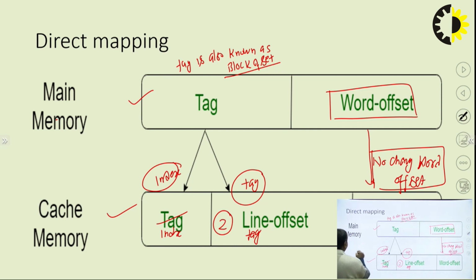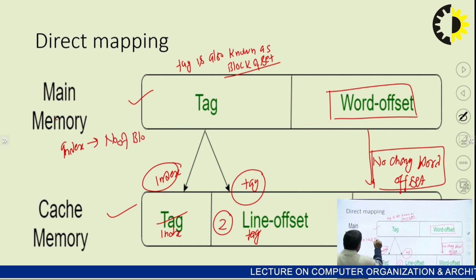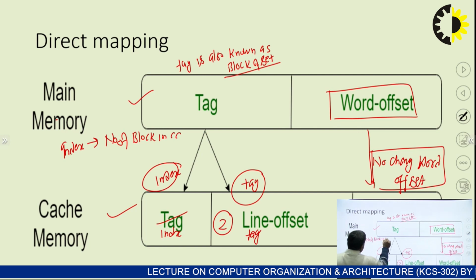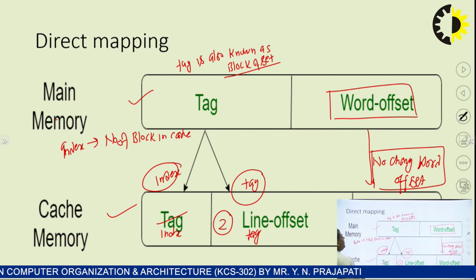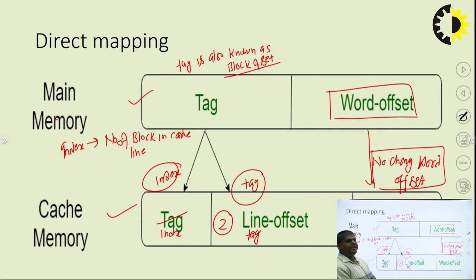I write here: index is known as the number of blocks in the cache. In some books, the block of the cache is written as a line of the cache. And what is the tag?